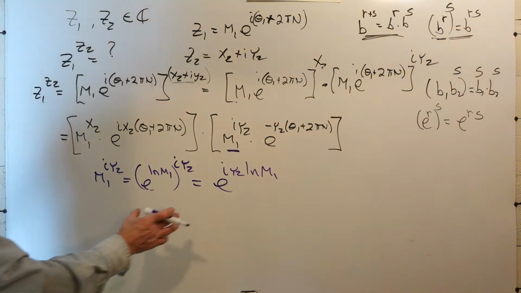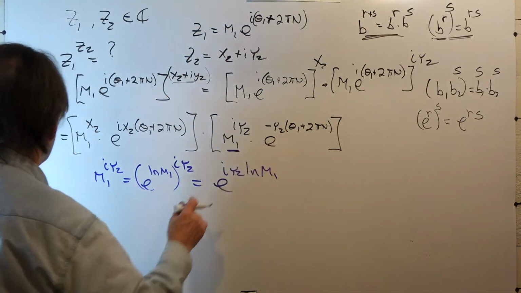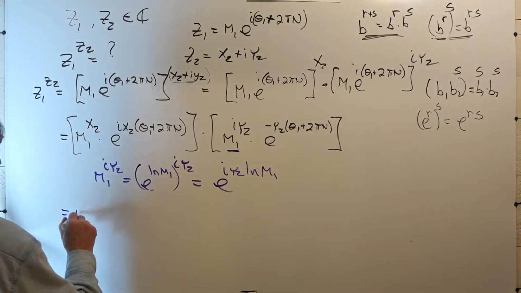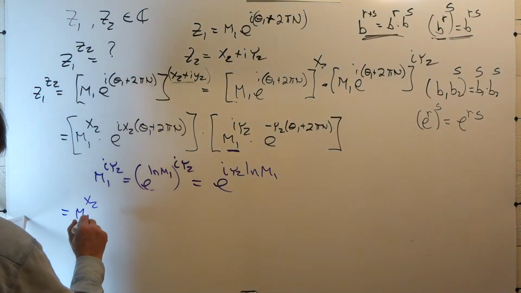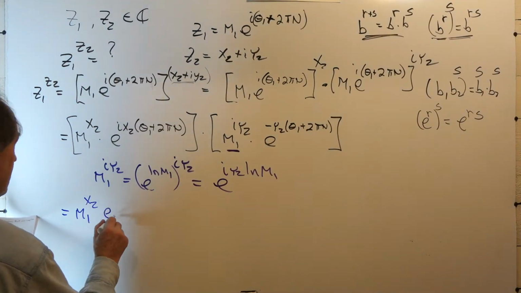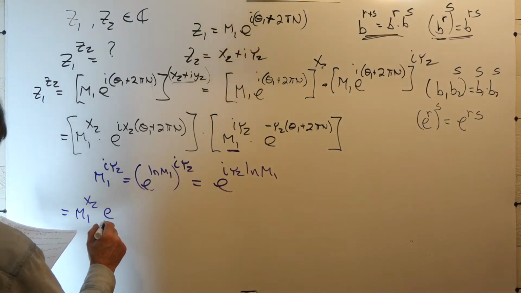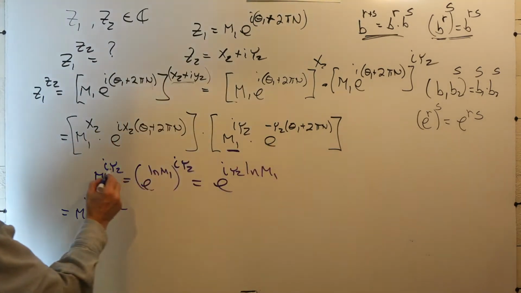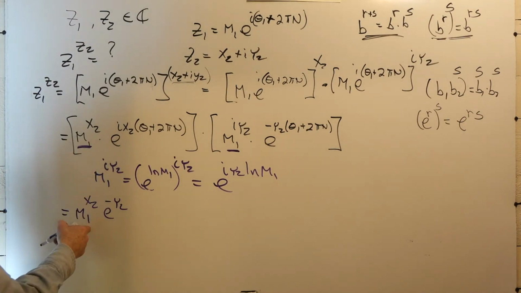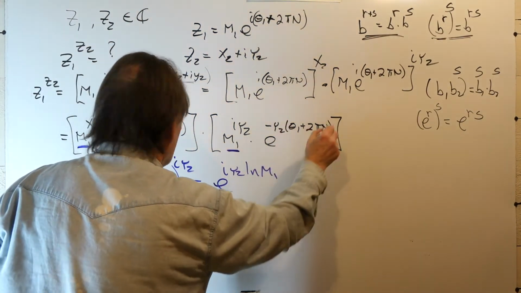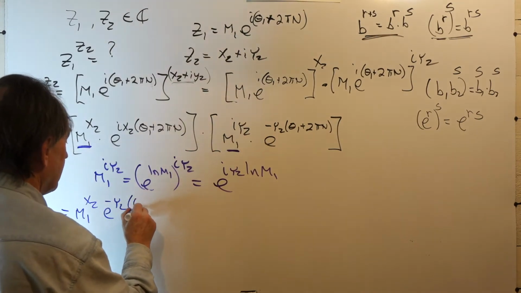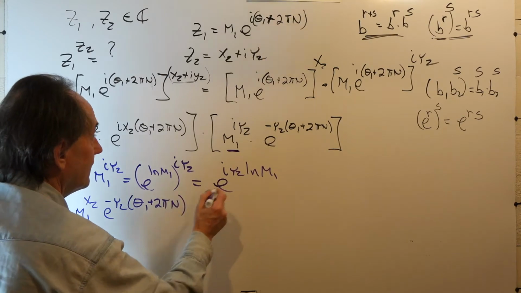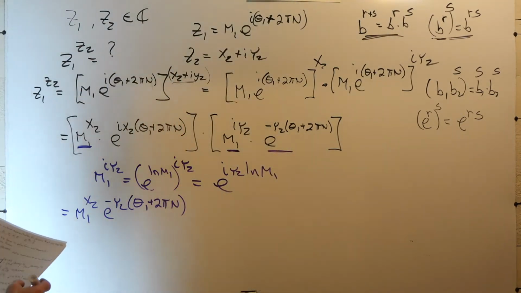So now we can put this in here and combine. So we end up now with m1 to the x2 e to the minus y2. I'm bringing this over. Okay, we have that written, and now I'm going to work on bringing this minus y2 theta 1 plus 2 pi n. So we've got that in there.